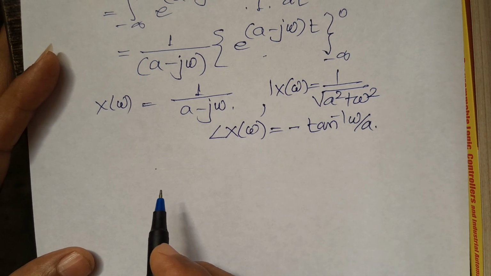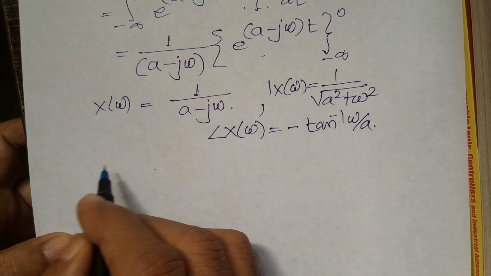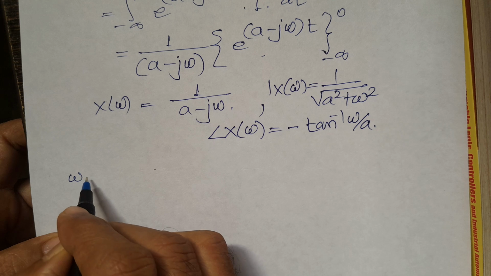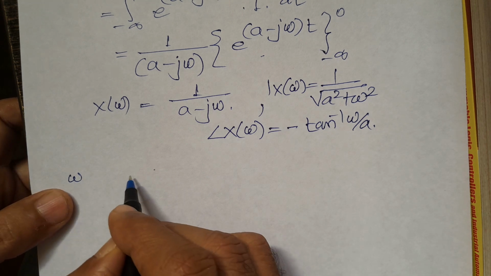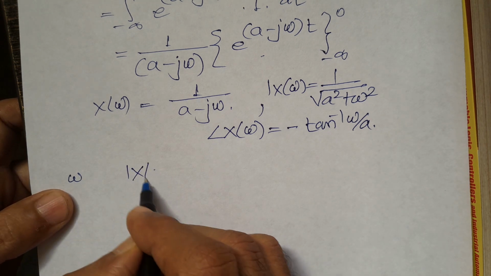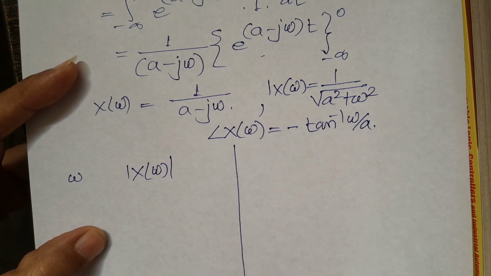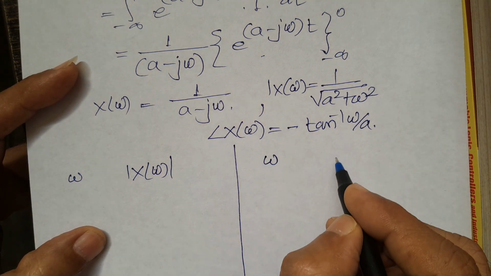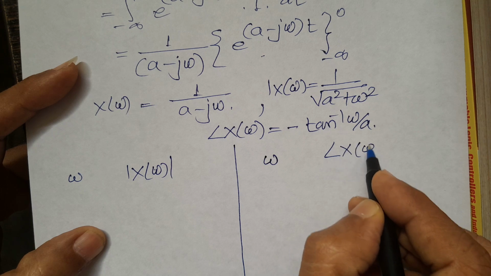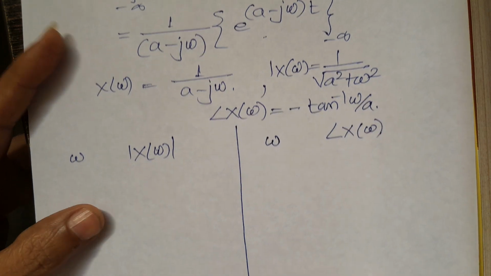Now we have to find the magnitude and phase plot. So here we substitute different values of omega and find the magnitude of X(omega), and on this side the frequency versus the angle of X(omega).